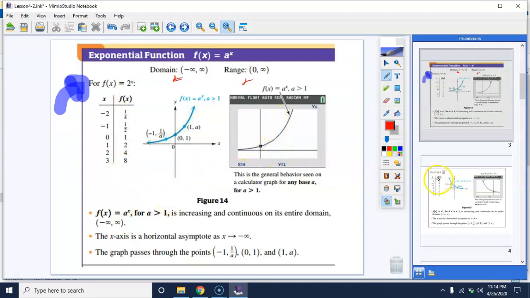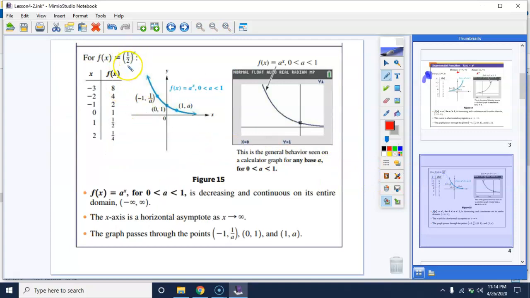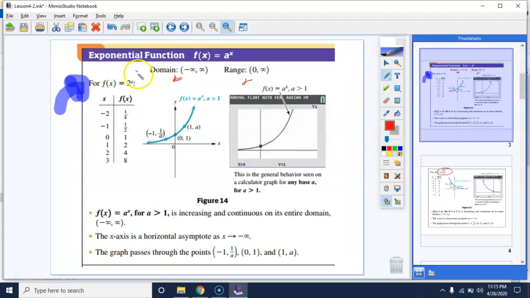But if you see 1/2 to the x power, where a is less than 1, it's going to look like this. Again, we don't need to memorize this stuff. We can just graph it on Desmos and see the conclusion.